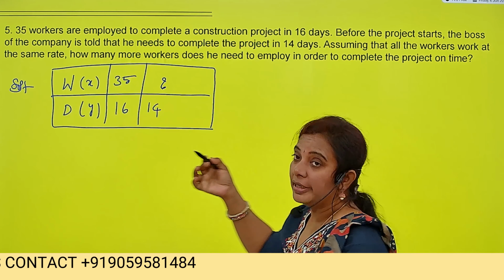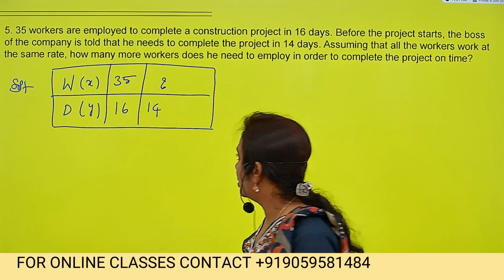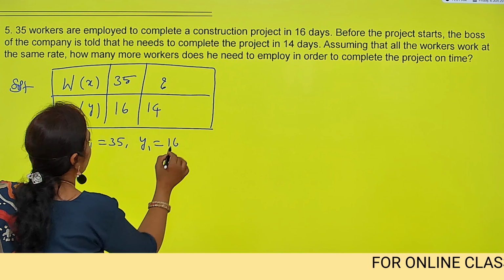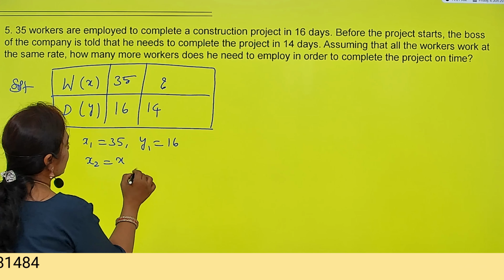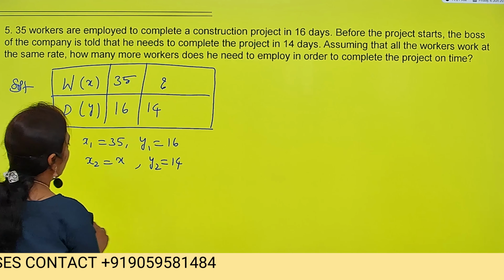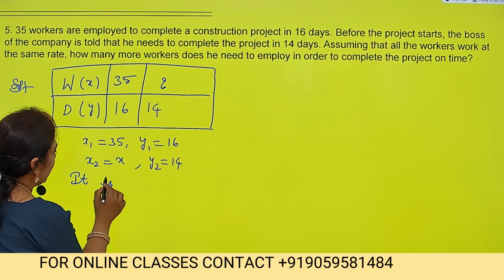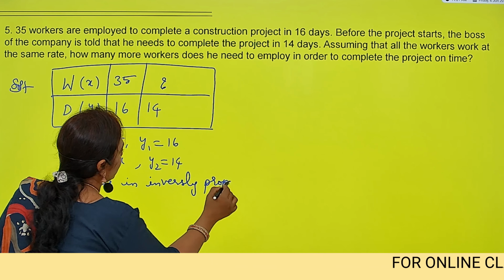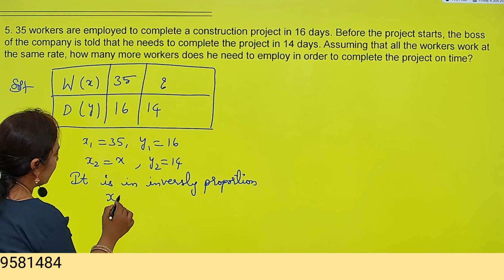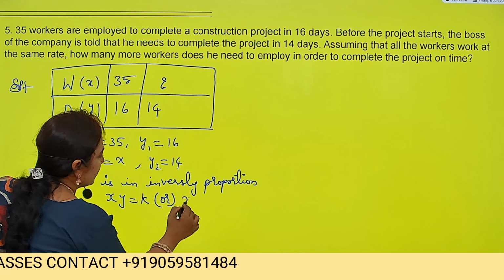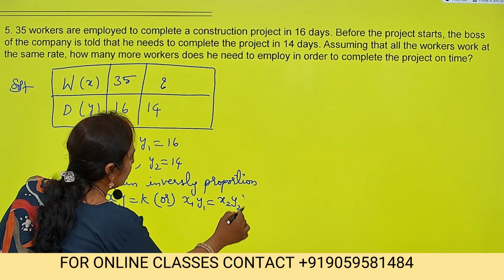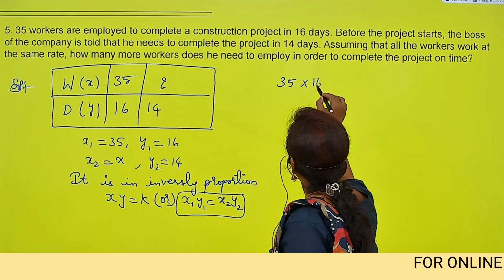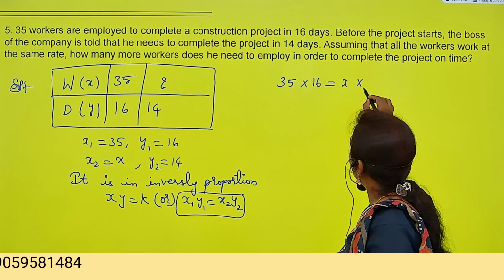The workers are more, the days taken are less. So X1 equals 35, Y1 equals 16, X2 we don't know, Y2 equals 14. Workers and days are inversely proportional. X times Y equals constant, or X1 Y1 equals X2 Y2. Substituting, 35 into 16 equals X2 into 14.